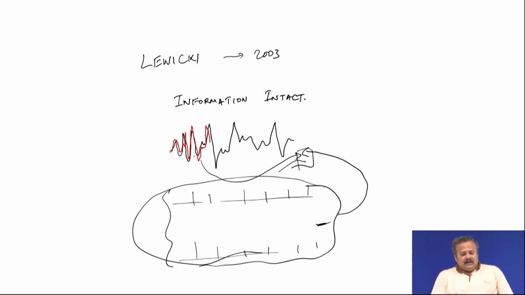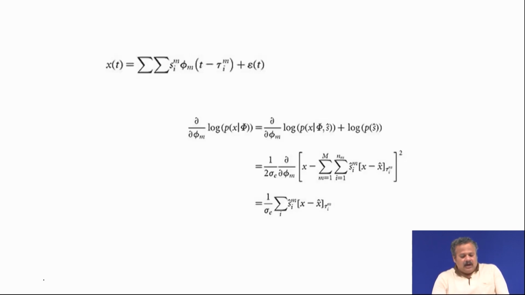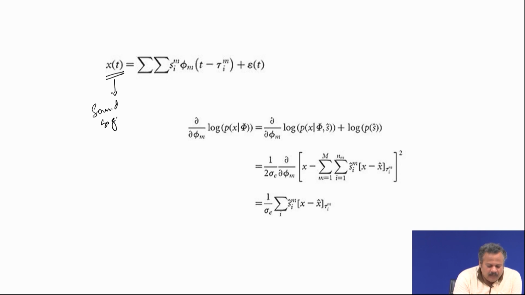The second part is again sparse coding, but it is implemented in this work in a different way. Let us go forward to what was done by Smith and Lewicki. Our x(t) is the original sound signal. Here we have a dynamic signal, whereas earlier in the visual systems work we had static images.